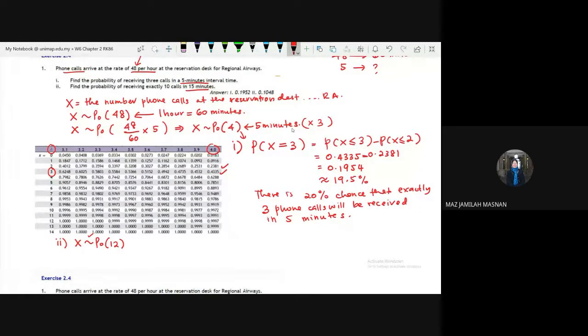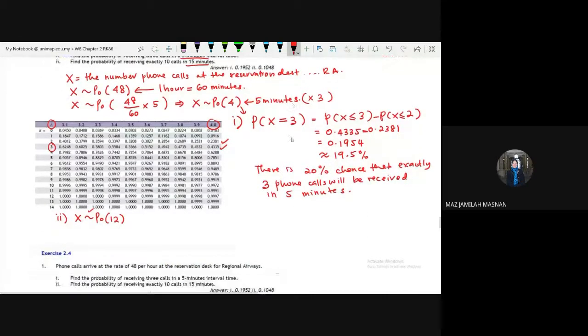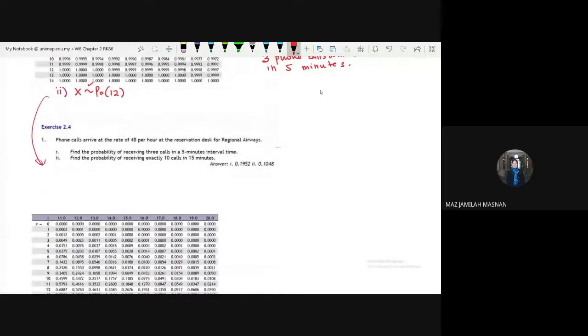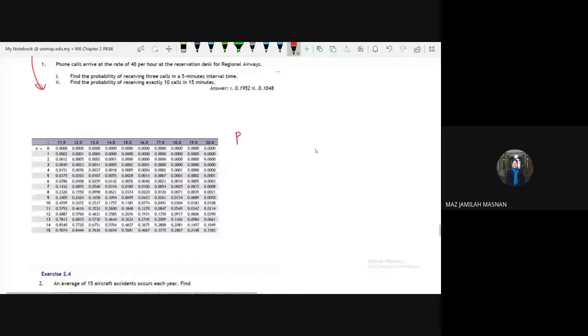So for lambda equal to 12, exactly 10 calls.